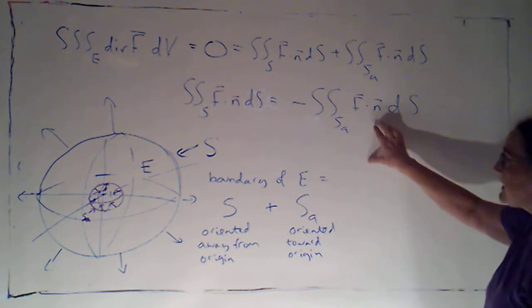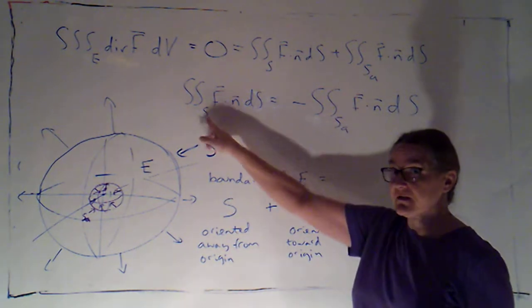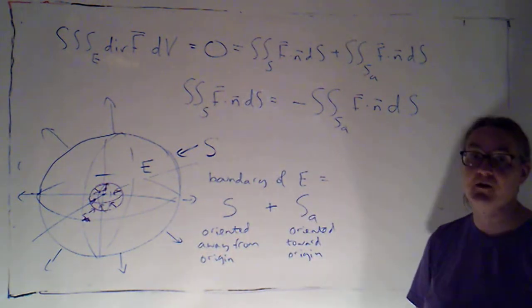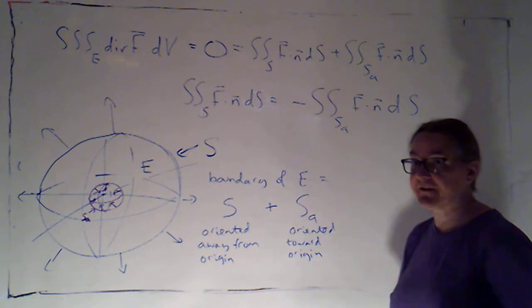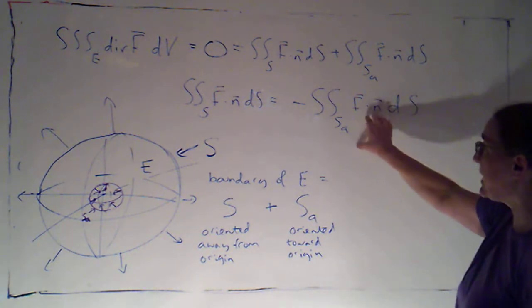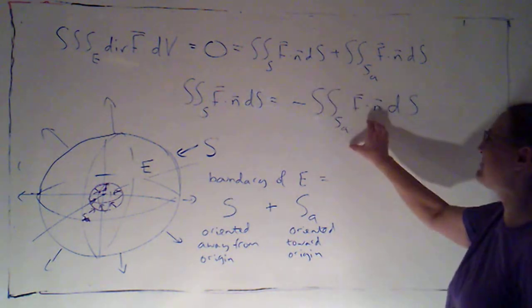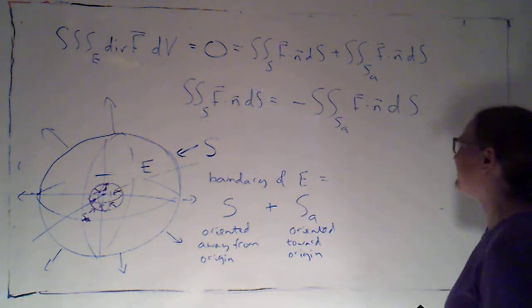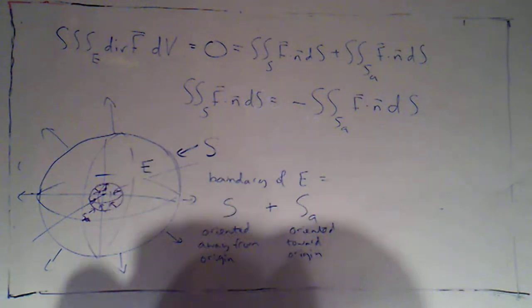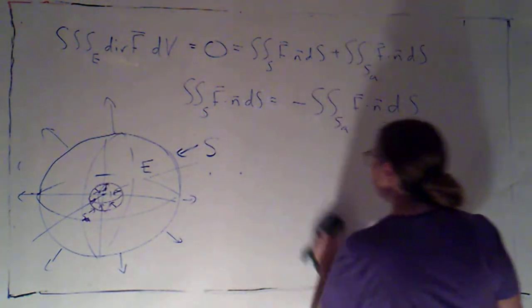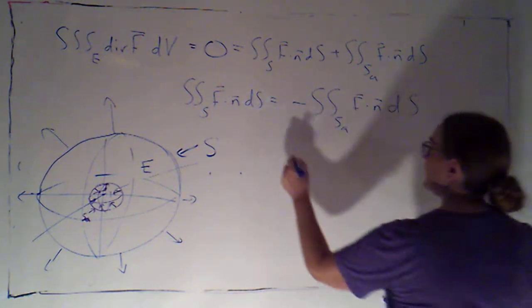Okay. That's kind of amazing, because remember, S was just an arbitrary closed surface that contained the origin. No matter what surface I choose, it's going to be the opposite of the flux integral I get over this small sphere. Now, what's nice about this small sphere is that I can actually calculate that flux integral fairly nicely.